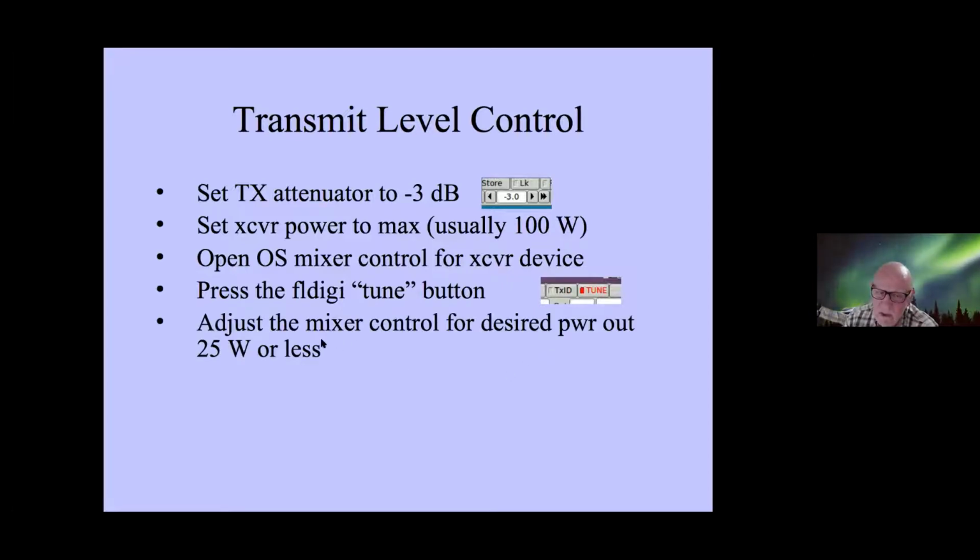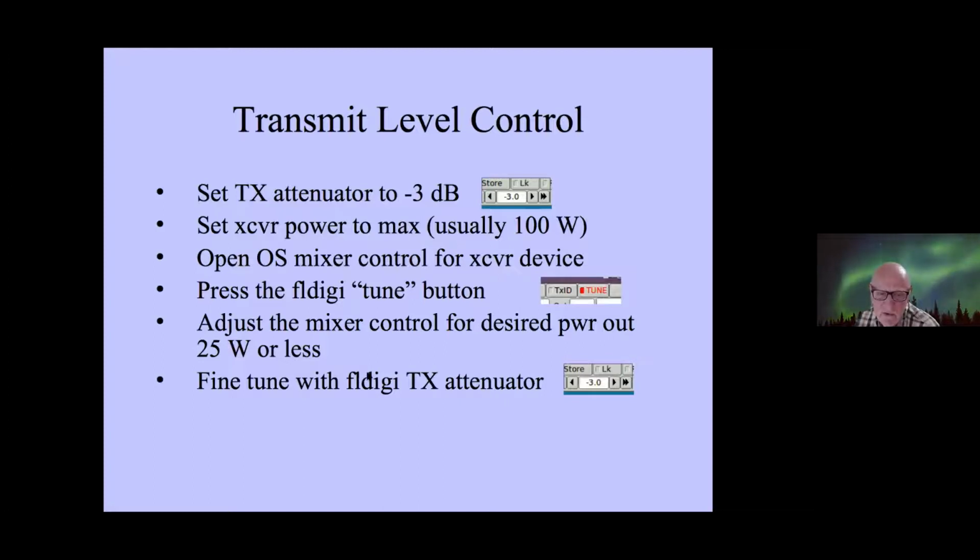So you want to adjust those mixer controls with -3 dB and the tune signal on for an output power of about 25 watts on a 100 watt transmitter. That will usually ensure that there's no ALC.